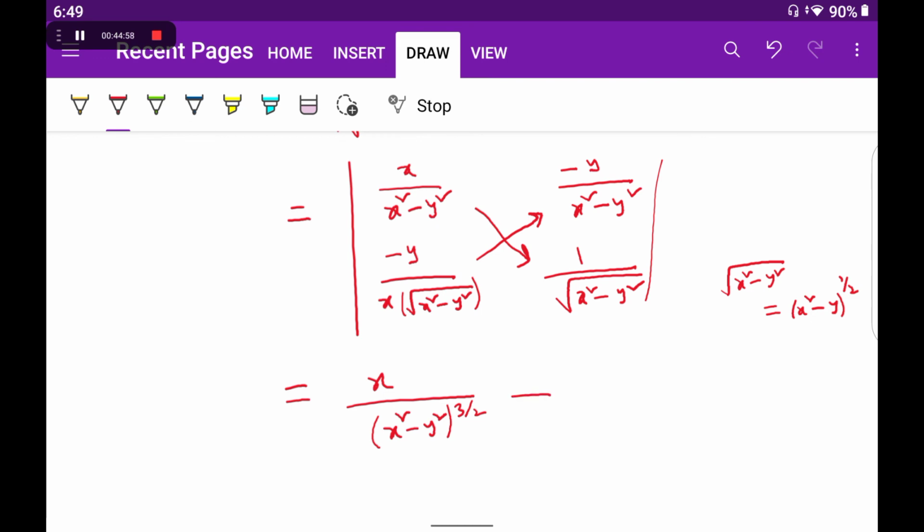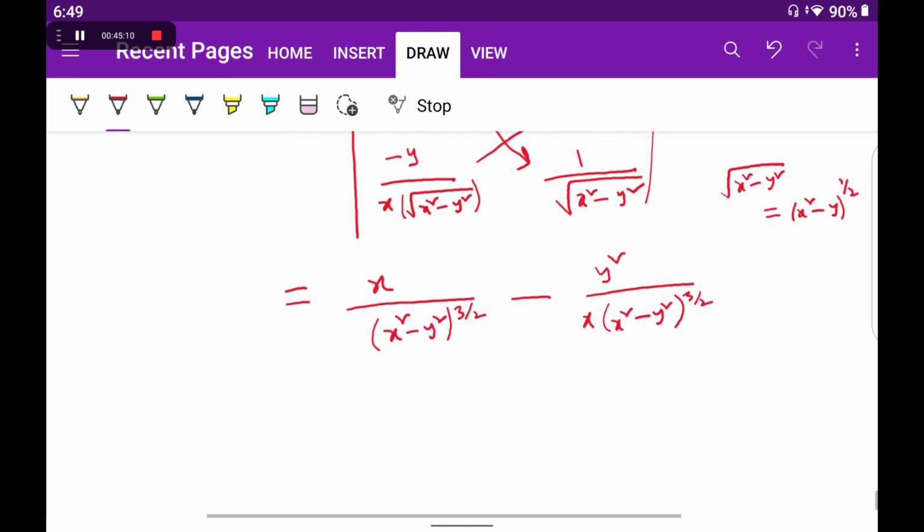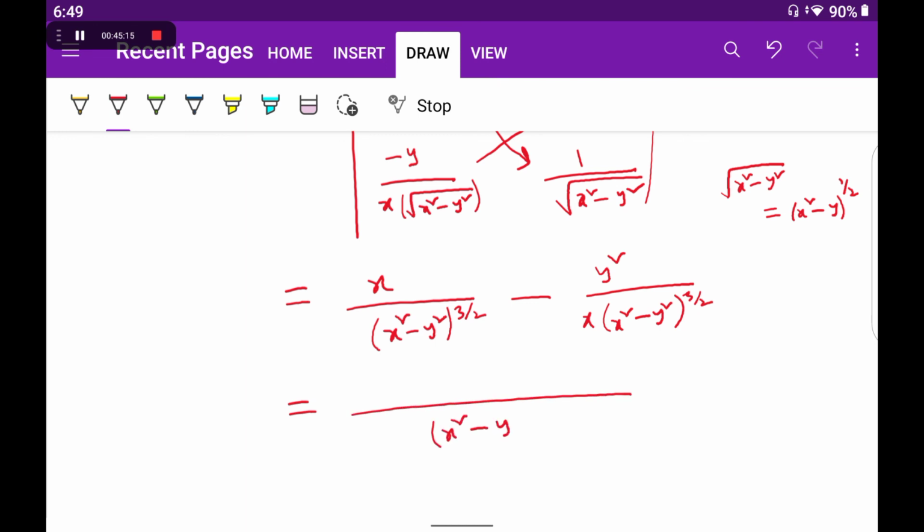Minus y square by x square minus y square whole power 3 by 2 into x, which also comes in the denominator. So if you take it, it is x square minus y square whole power 3 by 2 into x in the denominator. In the numerator you get x square minus y square. So it is 1 by x root x square minus y square.